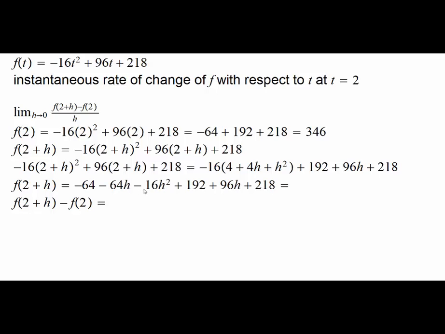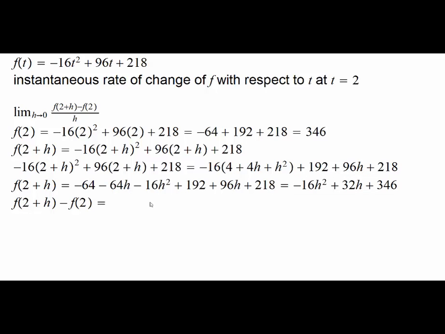Here we have negative 16h squared, and then we have 96h minus 64h, which would be how much? 32h. And then 218 plus 192 would be 400, and minus 64 would be what? Plus 346. Okay, so here we go.